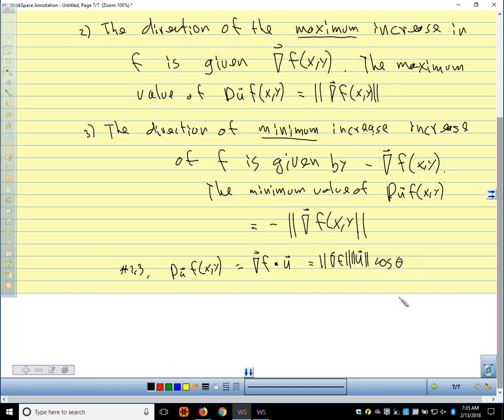What's the magnitude of u? 1. So we don't have to worry about that in our calculation. What's the maximum value of cosine theta? 1, when theta equals 0. So that means the gradient and our unit vector point in the same direction. So the maximum value is when our unit vector is in the direction of the gradient vector.